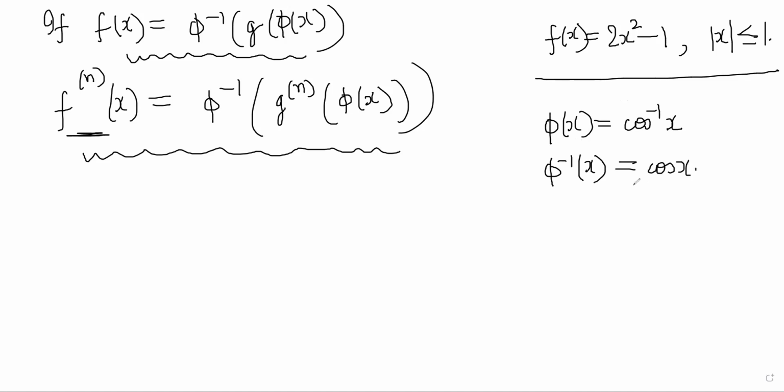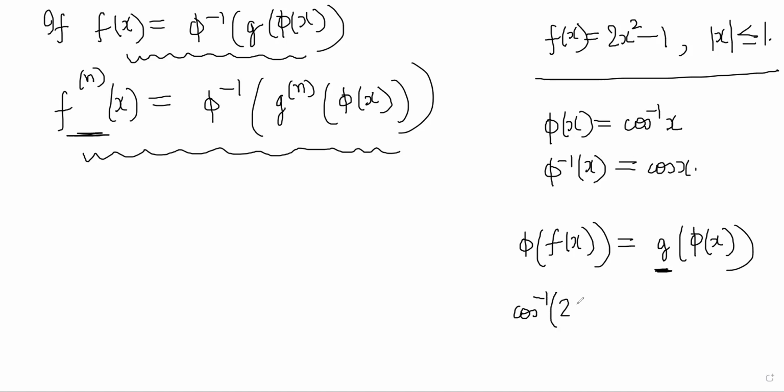And phi of f of x should be equal to g of phi of x, so only then will we be able to find our g function. So phi of f of x is what? It is cos inverse of 2x square minus 1.